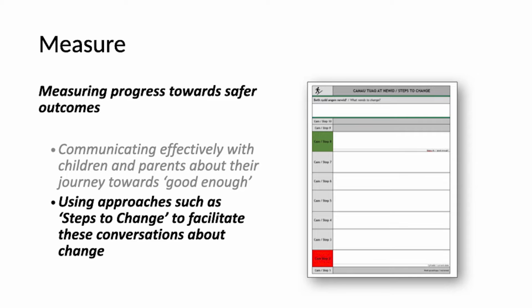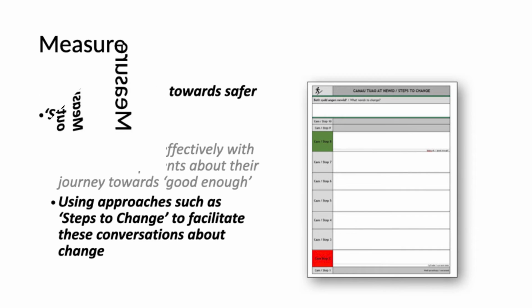So our approach to measure encourages collaborative conversations with families as we develop our Steps to Change. It should achieve clarity about what needs to change and how a family is intending to work towards this outcome.